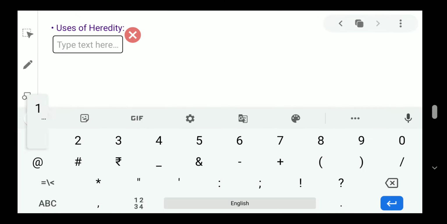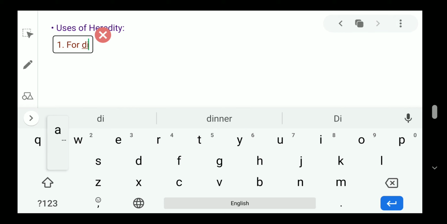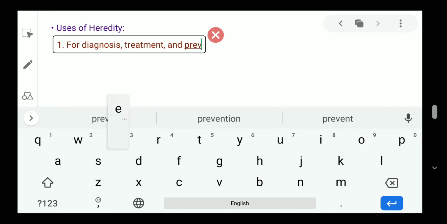This can be used for diagnosis, treatment, and prevention of hereditary disorders.